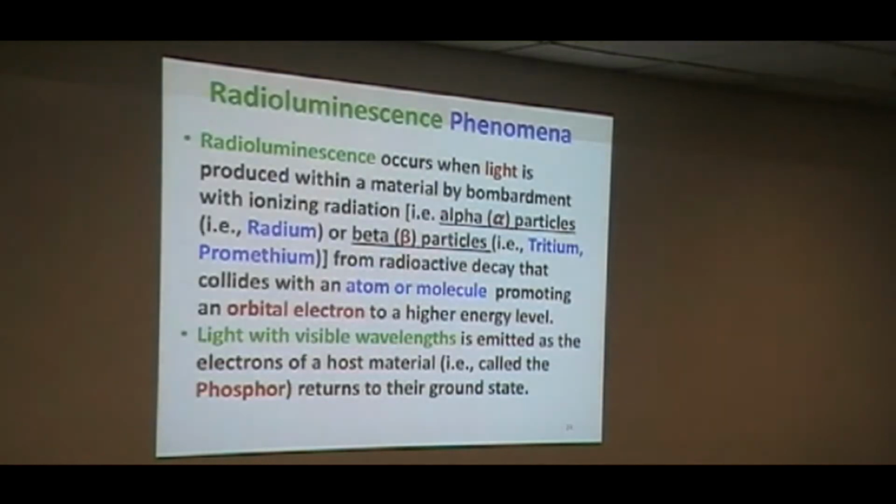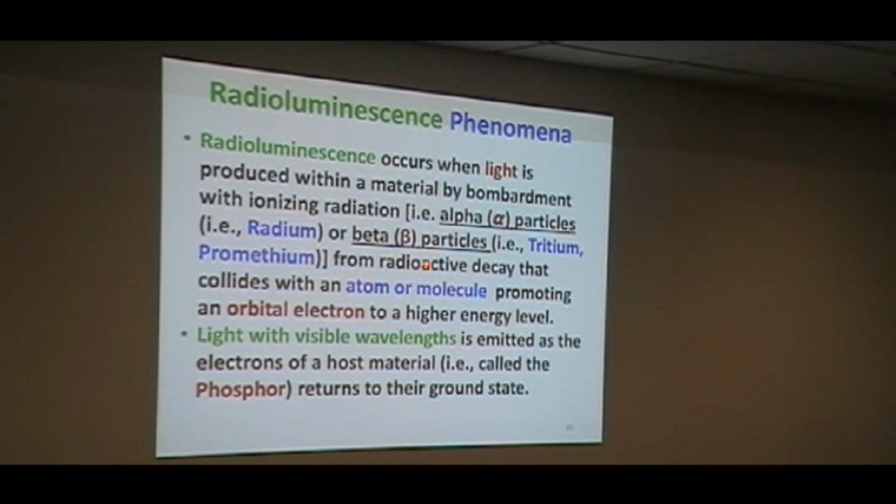One of the first things determined about radioactive material early on was a process called radioluminescence. Light is produced within a material when an alpha particle, the helium nucleus, or a beta particle, an electron, hits it. An alpha particle is what is emitted by radium. Beta particles come from tritium and promethium, another element.